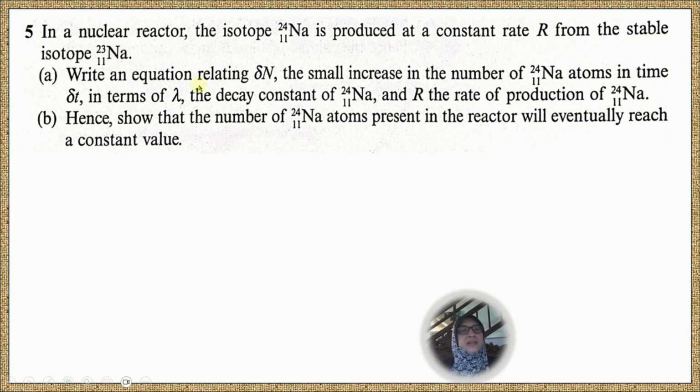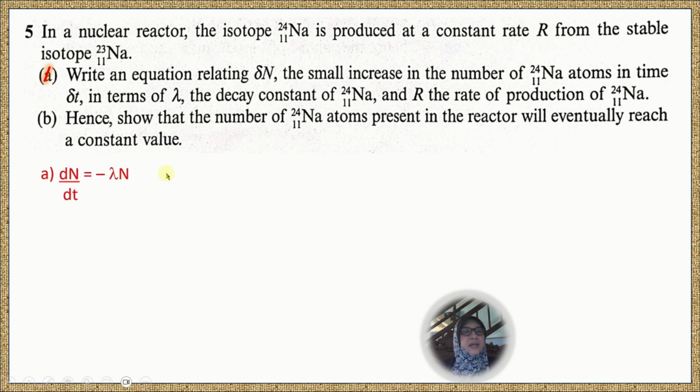Write an equation relating delta N, the small increase in the number of natrium-24 atoms in time delta t, in terms of lambda, the decay constant of natrium-24, and R, the rate of production of natrium-24. And question B, hence show that the number of natrium-24 atoms present in the reactor will eventually reach a constant value.